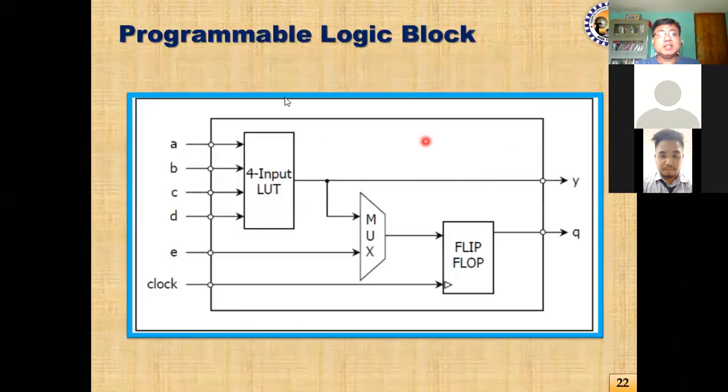So you can see that this is the structure of our programmable logic block, which we have seen in the previous slide. You can think of this as a 4 input LUT. LUT stands for lookup table. You can also think that this is a multiplexer.